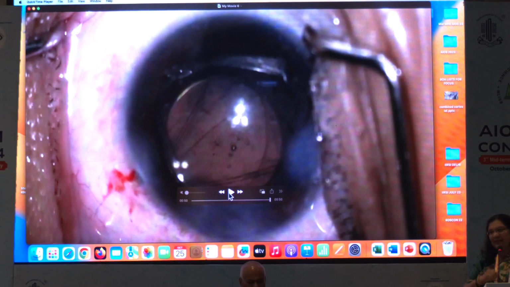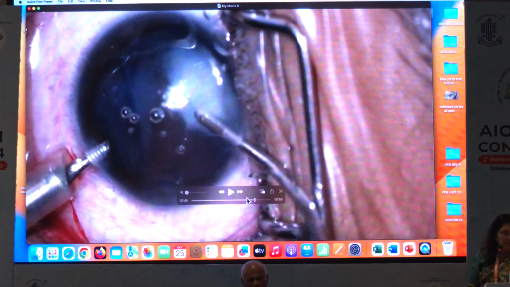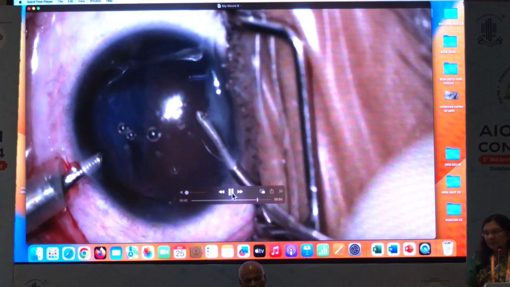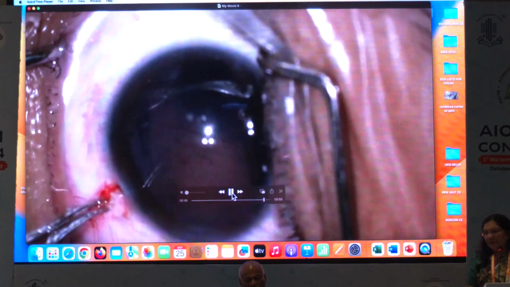Now once this is in the bag, you can fashion it into a rexis sort of. So here we are aspirating and putting in the IOL.